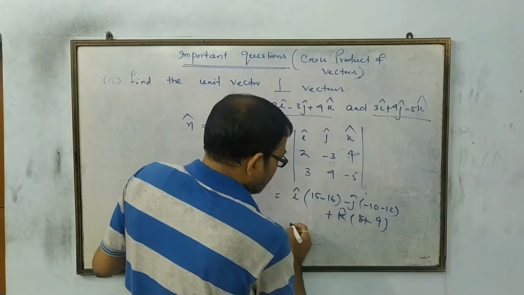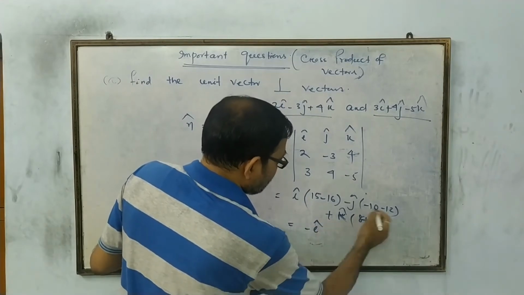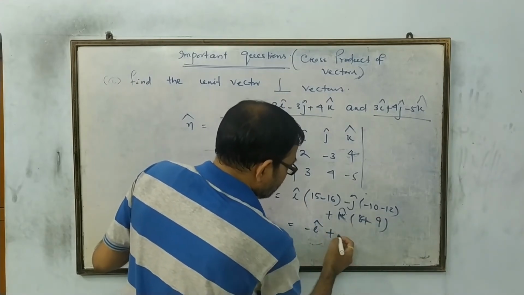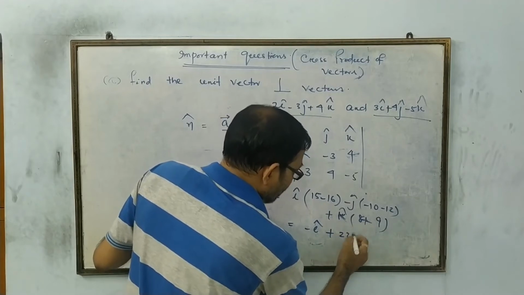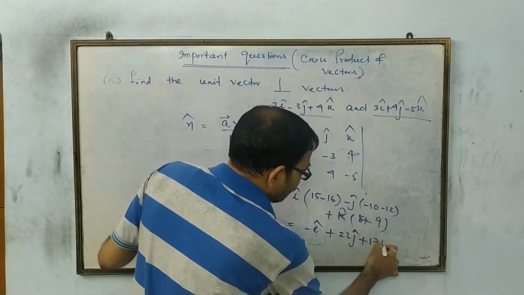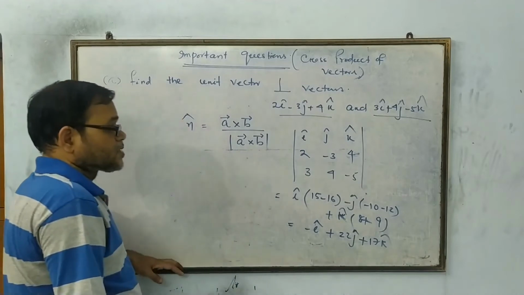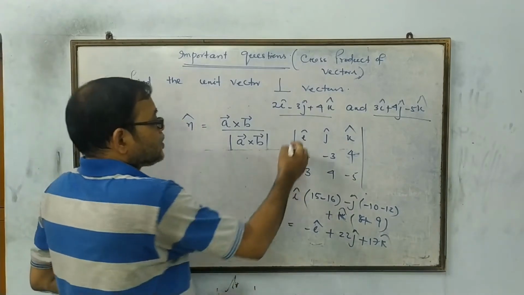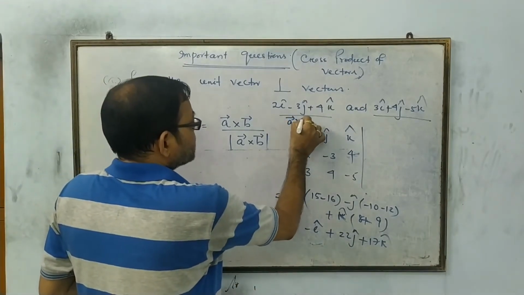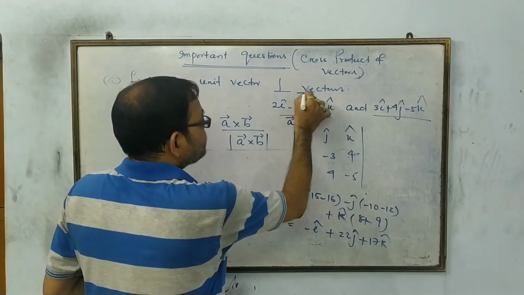That is your answer, minus I plus 22j plus 17k. You got it? A cross B. The cross product, A cross B we got. This is A and this is B.